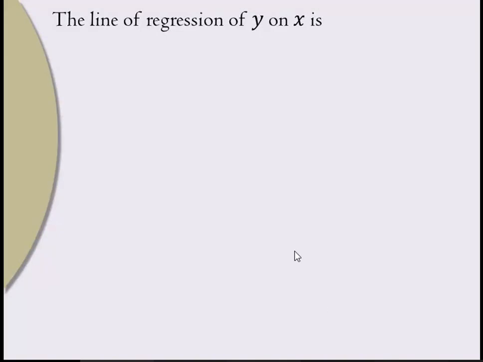There are two types of lines of regression. The first is y on x, and the formula is y minus y bar is equal to r into sigma y by sigma x into x minus x bar.